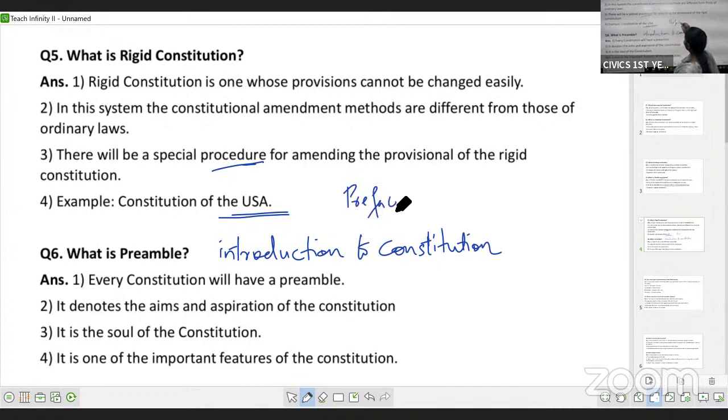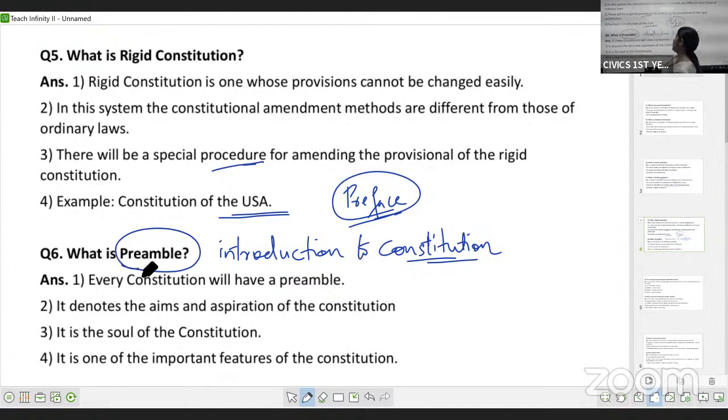If you read that preface, you will know what the book is about. Similarly, the constitution has a preface. The preface of the constitution is called the preamble, preface or introduction.